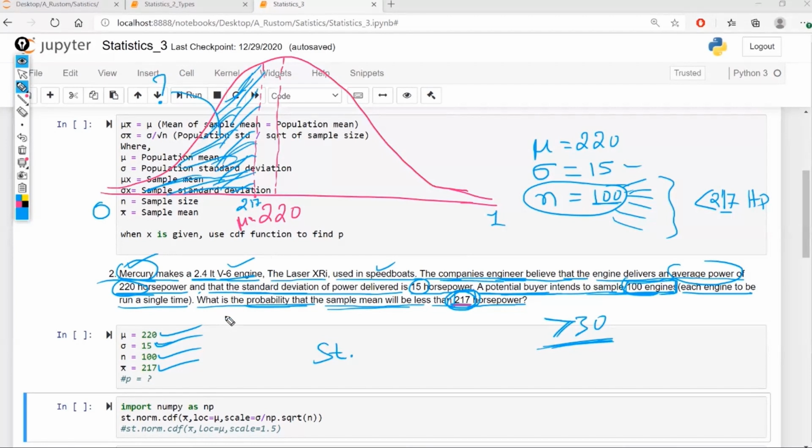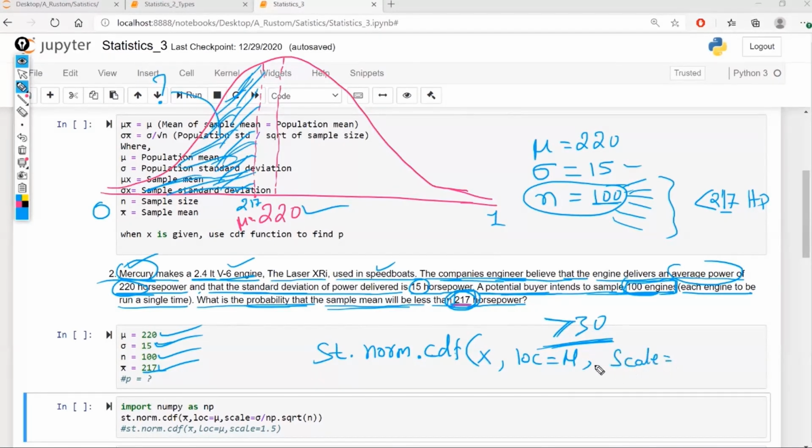So I'm going to use the same formula, st.norm.cdf, the cumulative distribution function. Here x is given, comma location mu, which is also given, 220, and scale.